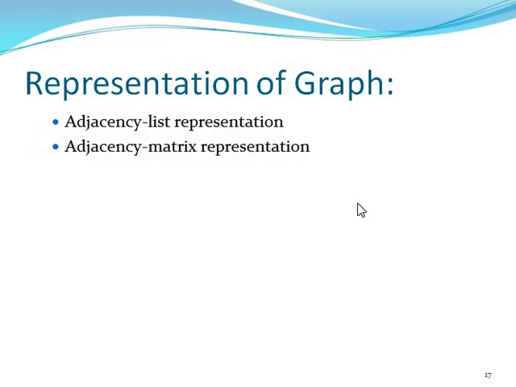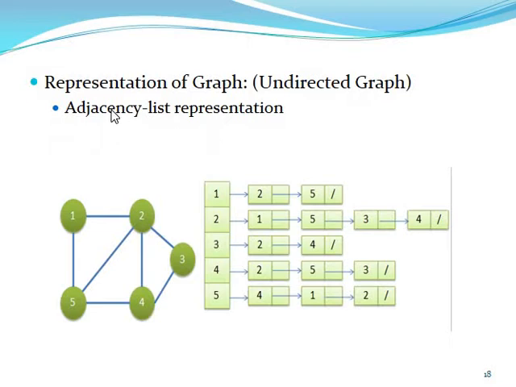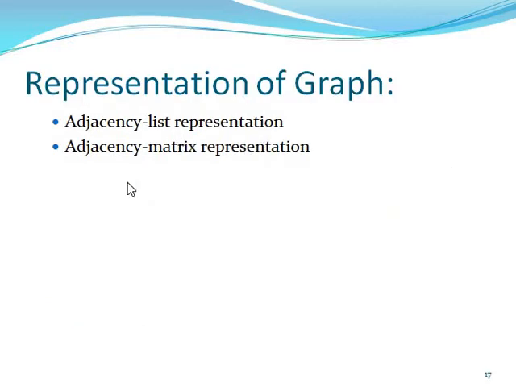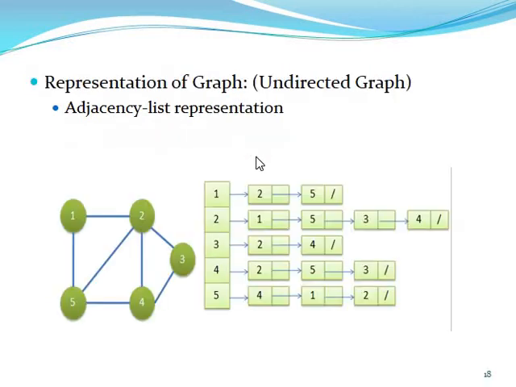Then the representation of the graph. A graph is represented by an adjacency list representation and an adjacency matrix representation. So for the representation of the graph, first of all we can show the undirected list representation and the undirected matrix representation.